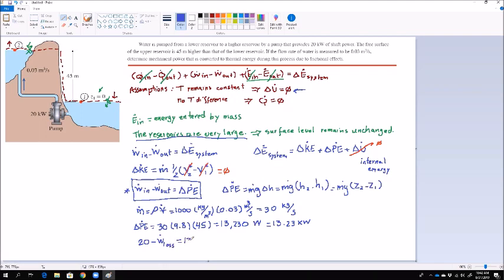This should be equal to the right hand side, which was 13.23, and W dot loss is 6.77 kilowatts. That's the amount of power lost because of pumping water from a lower reservoir to a high reservoir at the given volumetric flow rate.